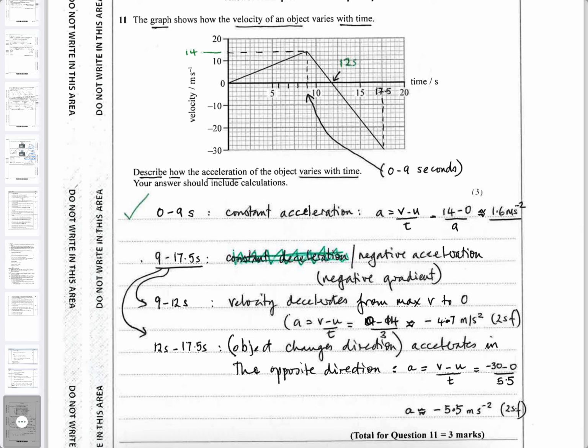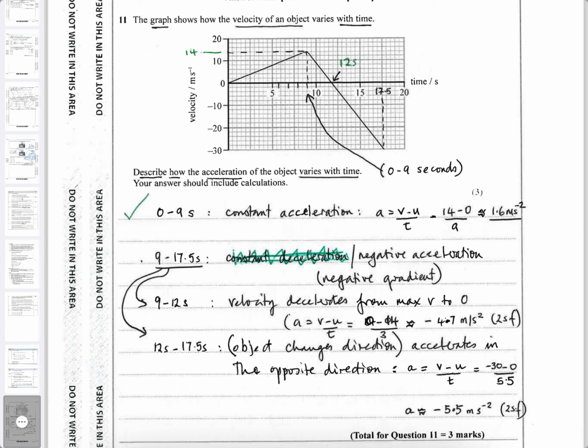Okay, two significant figures, because really that's all you can do with the graph. And then finally, from 12 seconds to 17.5 seconds is the third phase. It now goes into the negative part of the graph. That means the velocity is in the opposite direction to where it started from. If you calculated it, you would get a value of approximately 5.5 meters per second squared in the opposite direction to the initial acceleration.